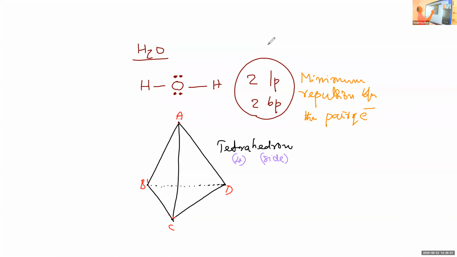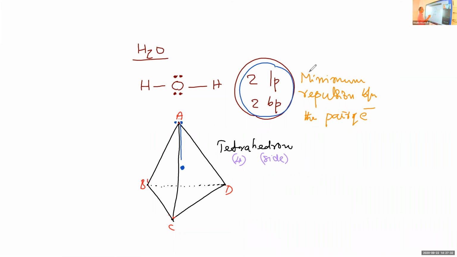At the center of the tetrahedron, there will be the oxygen atom. And the 4 electron pairs will be directed towards the corners of the tetrahedron. So one pair of electrons, say, will be at this corner.